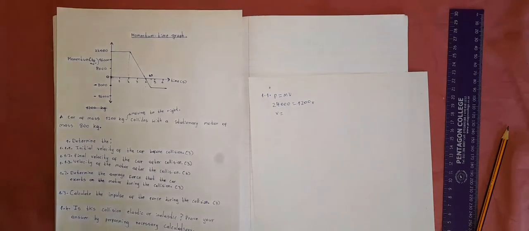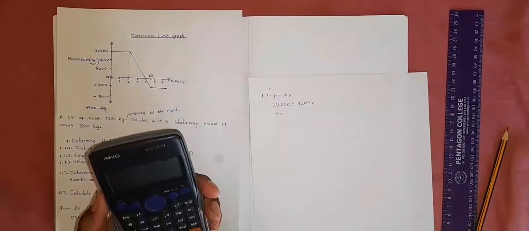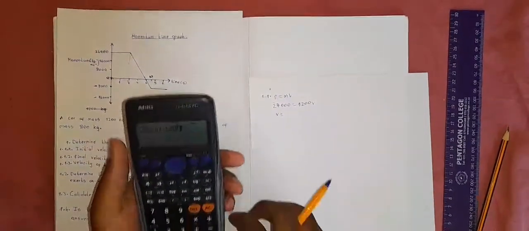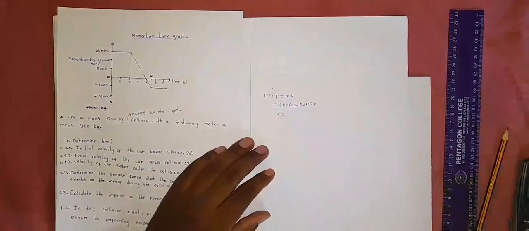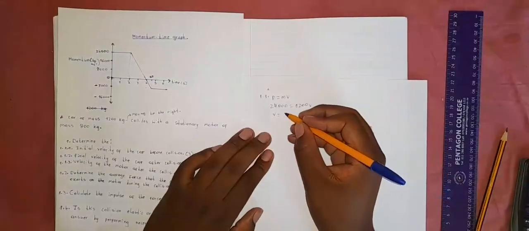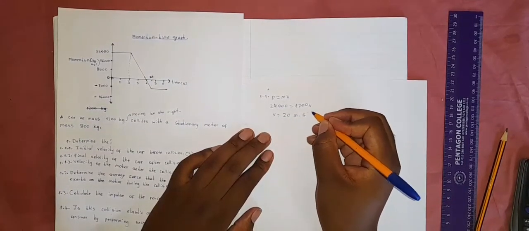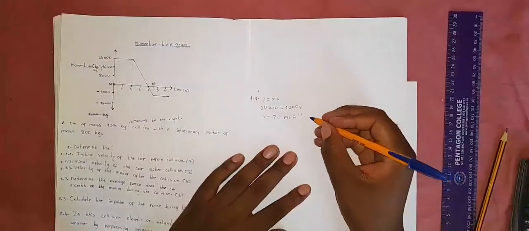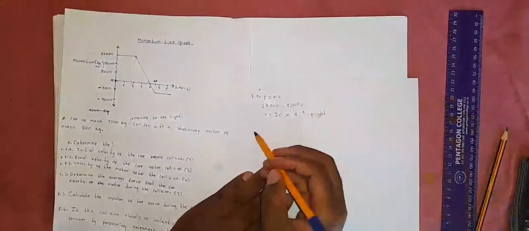I think we can continue now. 24,000 divided by 1,200, I get a value of 20. So the velocity is 20 meters per second. What is the direction of the velocity? Of course, to the right. So that's number one.